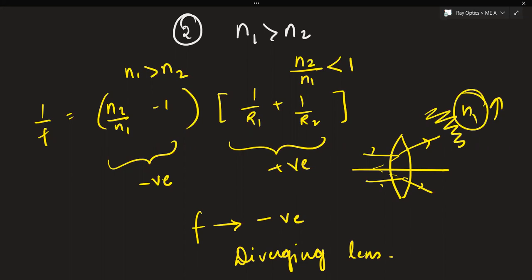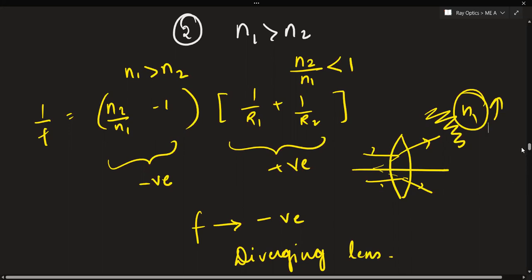It is because we always have glass, and usually whenever we have glass, the surrounding medium's refractive index is lesser than the refractive index of glass. Usually glass's refractive index is quite high. You have seen 1.5. For air, it's 1. For water, it's 1.3. Some materials have a refractive index greater than 1.5. If you keep the glass over there, you will notice that it is behaving exactly as a concave lens.